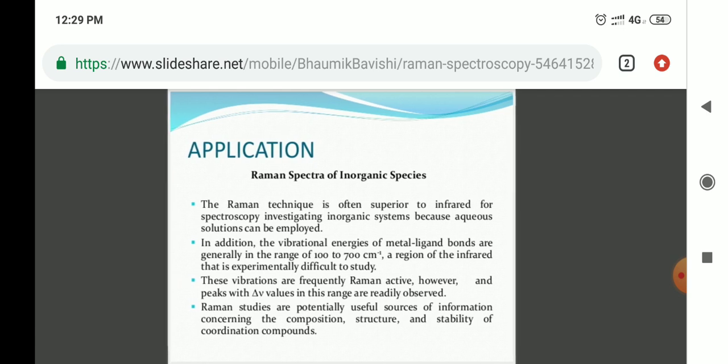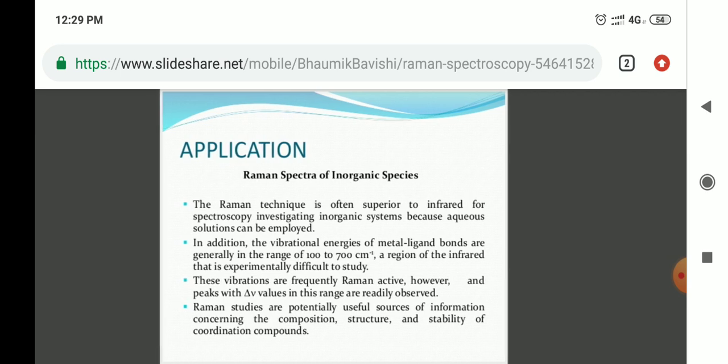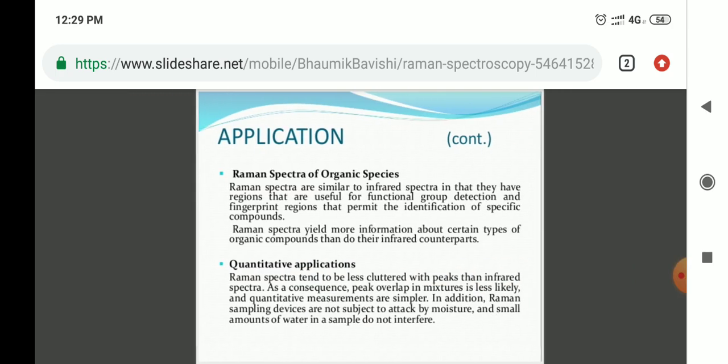These vibrations are frequently Raman active, however, and the peaks and delta nu values in this range are readily observed. Raman studies are potentially useful sources of information concerning the composition, structure, and stability of coordination compounds.